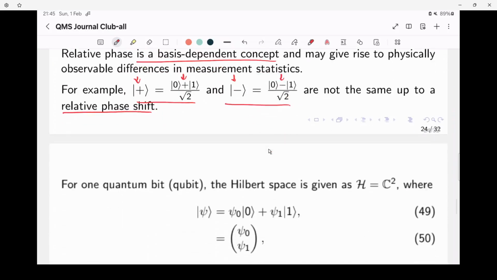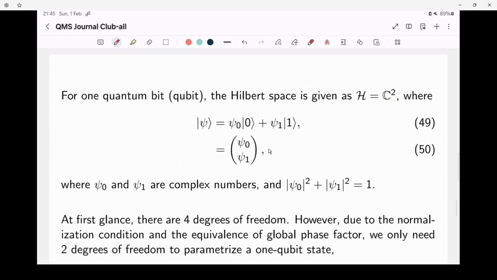So why is this important? Now let's look at the idea of one qubit. When you have one qubit, our Hilbert space, as we know, is given by C2, and this is how we would write our one qubit states. Psi alpha, psi 0 and psi 1 are complex numbers.